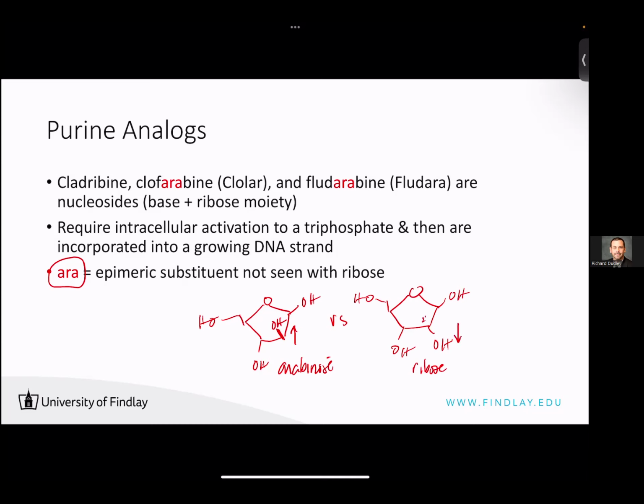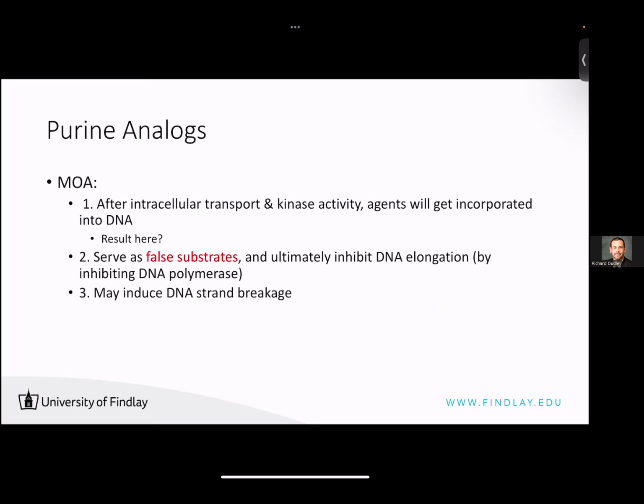So this is the 2' position, 3' position. This positioning of the alcohol pointing up is not normal. And when nucleoside or nucleotide analogs that contain that ara substituent get incorporated into DNA, the double helix becomes unstable, and that can interfere with the stability.